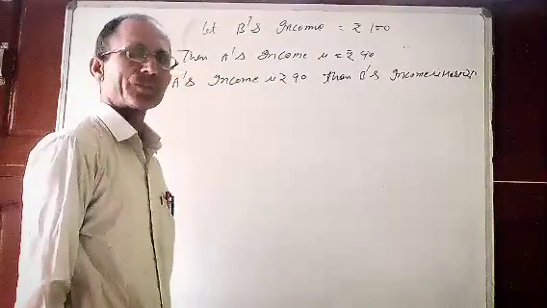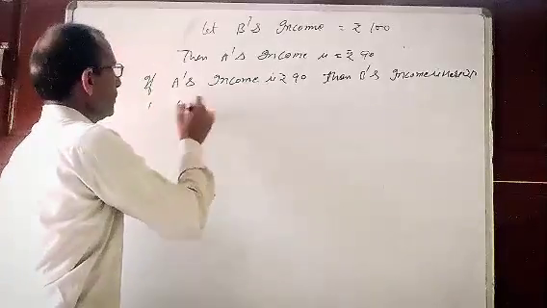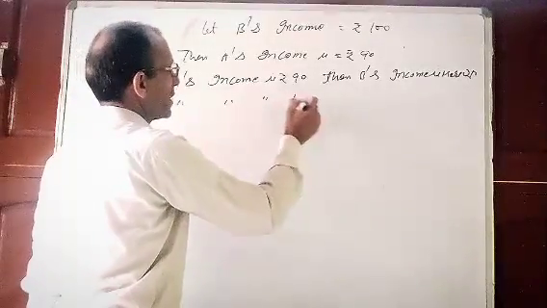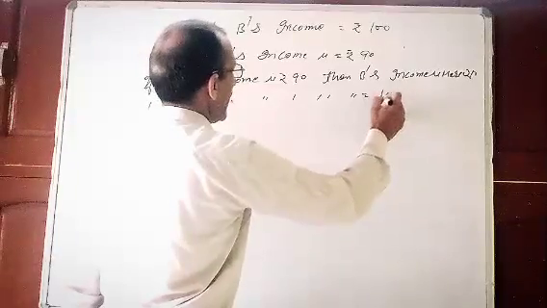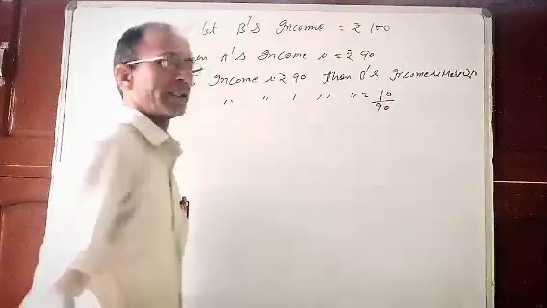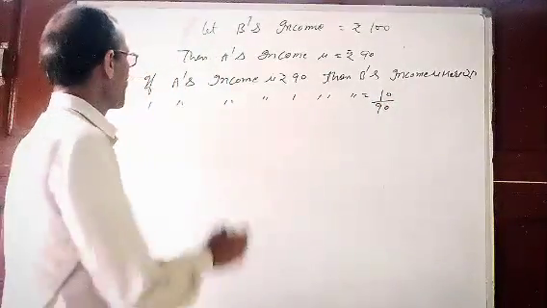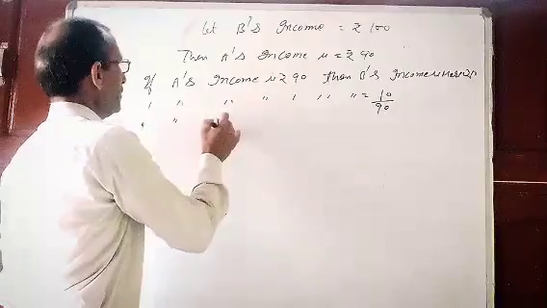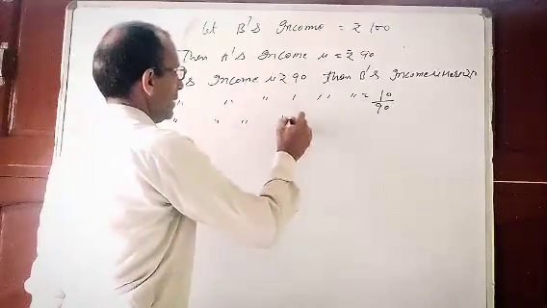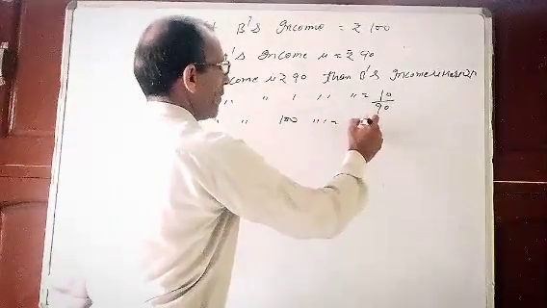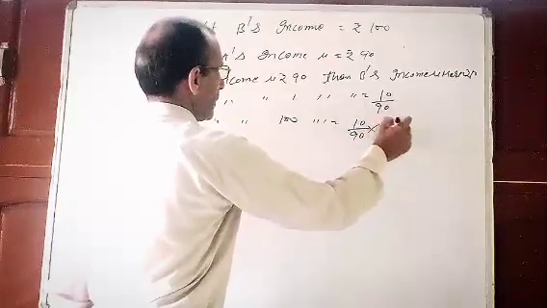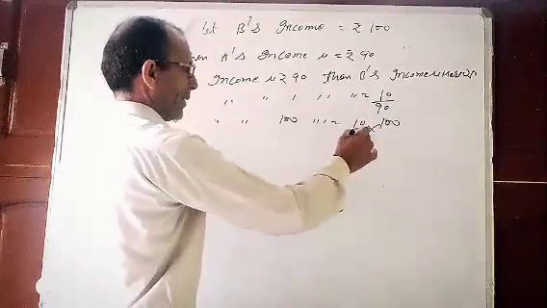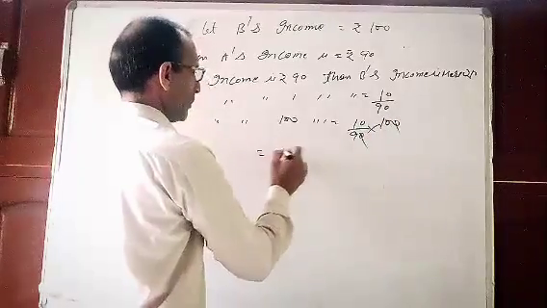Yes or no? If A's income is rupees 1, then B's income will be more by 10 upon 90. If A's income is rupees 100, then B's income will be more by 10 upon 90 multiplied by 100. So 0 cancels 0.